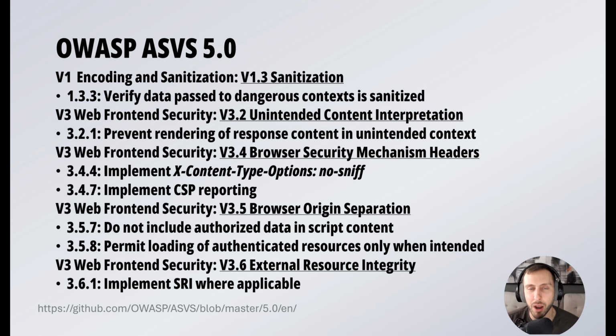So this, in my mind, is an area where Trusted Types could apply. 3.2.1, prevent rendering of response content in unintended contexts. 3.4.4, implement X-Content-Type-Options nosniff. 3.4.7, implement CSP reporting. 3.5.7, do not include authorized data in script content. 3.5.8, permit loading of authenticated resources only when intended. And finally, 3.6.1, implement SRI where applicable.